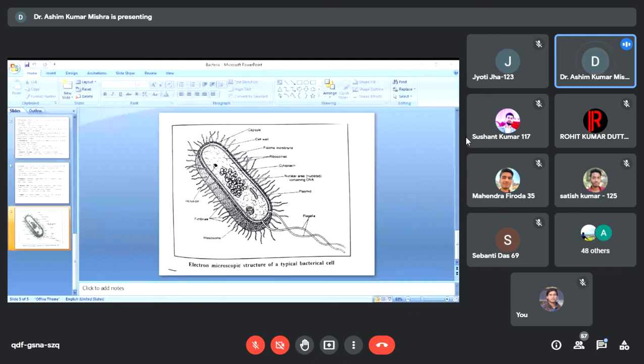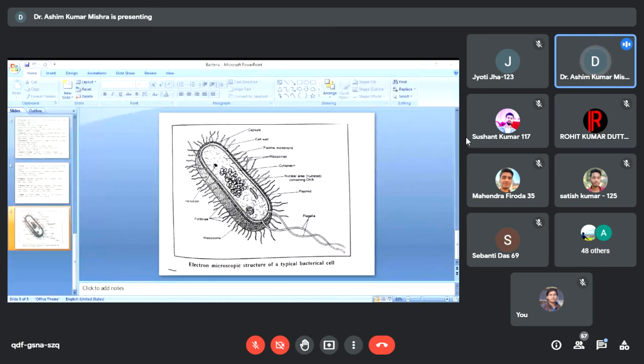For observing bacteria, actually a compound microscope is needed. After preparing the slides, it is first focused under the 10x, then under the 40x, but not visible very clearly under the 40x. So it is observed under the 100x objective.